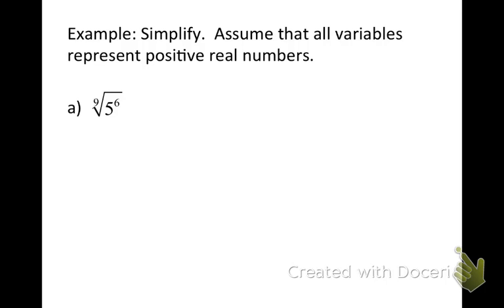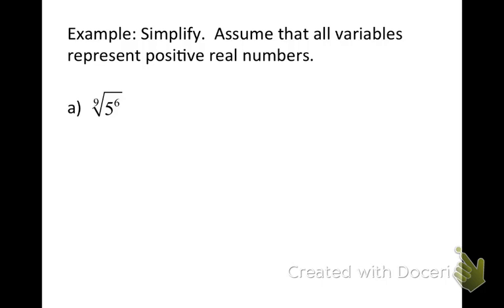So we've got the 9th root of 5 to the 6th power. And we're asked to simplify it. Is my exponent in my radicand larger or equal to my index? No, it's smaller, but I can still simplify this. Convert this into a fractional exponent.